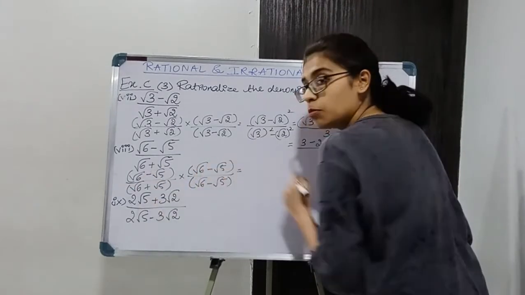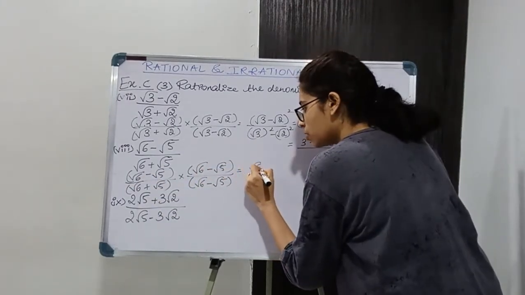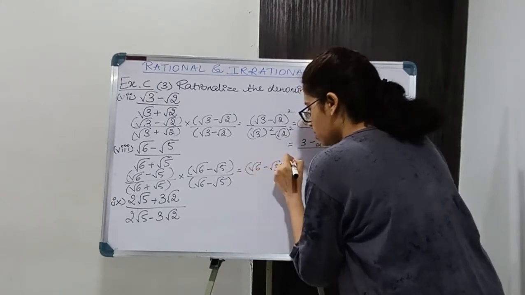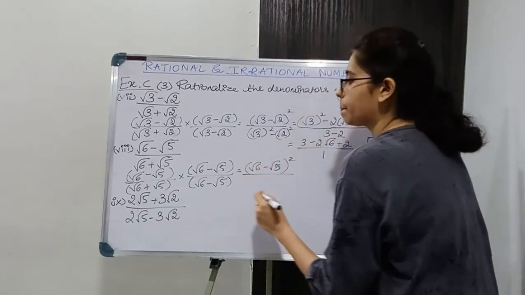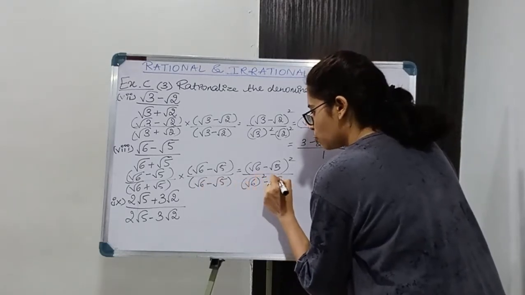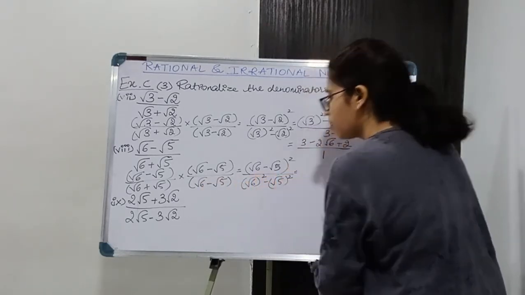Over here again both the brackets are same, so when you multiply both the brackets, it becomes square, and over here root 6 square minus root 5 square.